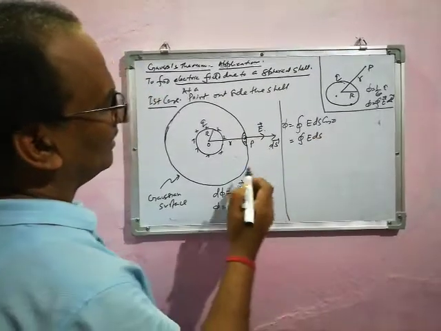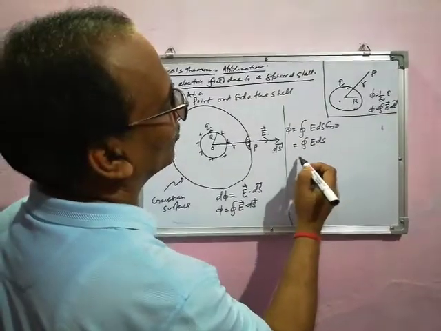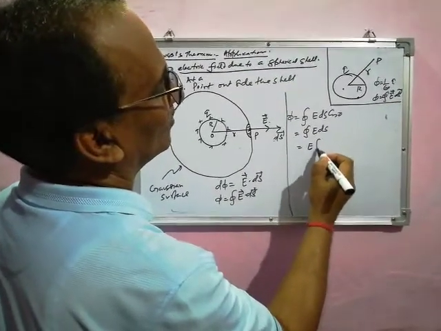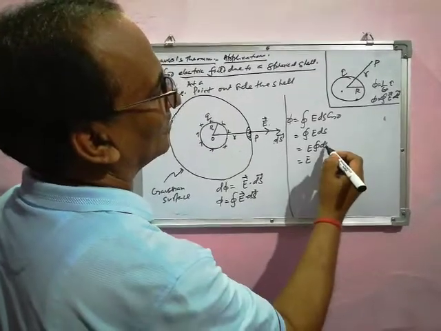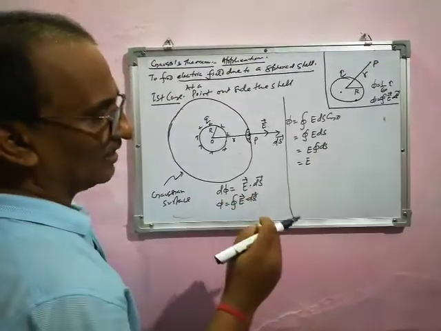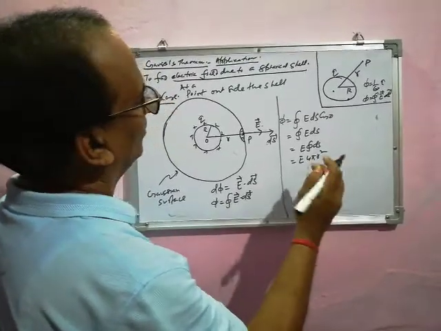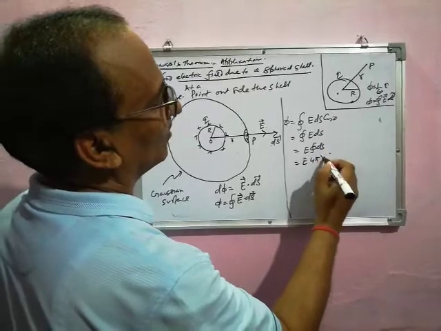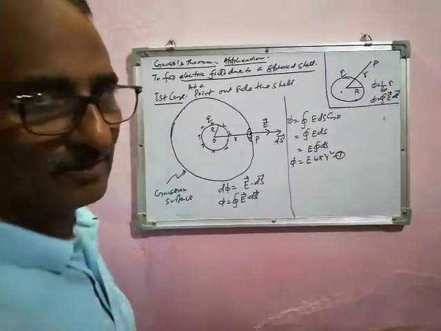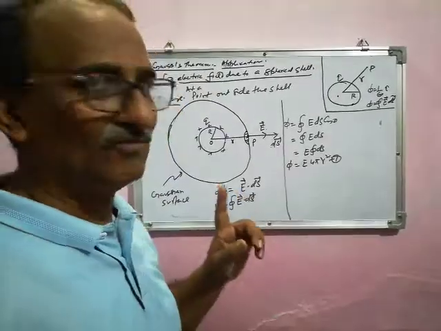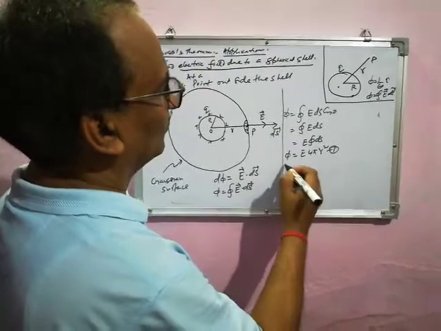Since the electric field is the same at each and every point on the Gaussian surface, E is constant, so it is E times the integral of ds over the entire closed Gaussian surface, which is the surface area, 4 pi r square. In this way we find the value of the flux using the definition. Now let us find the flux using Gauss's theorem.